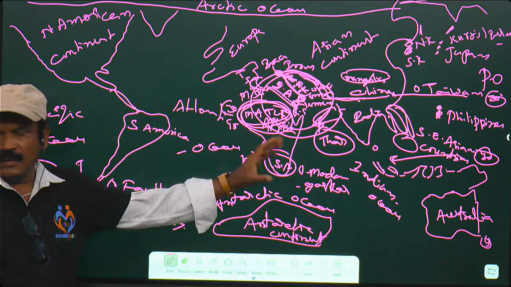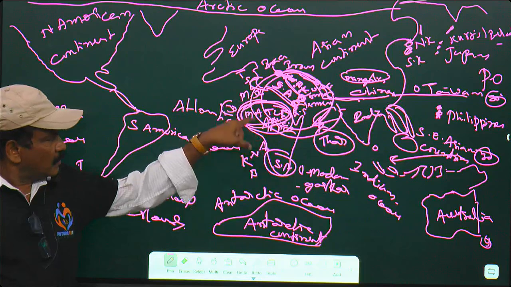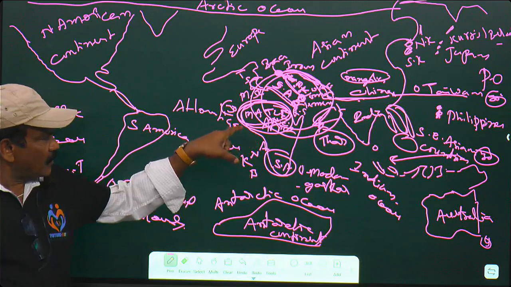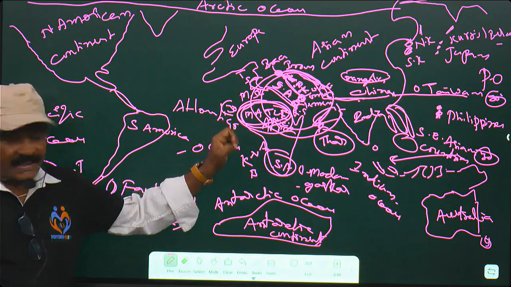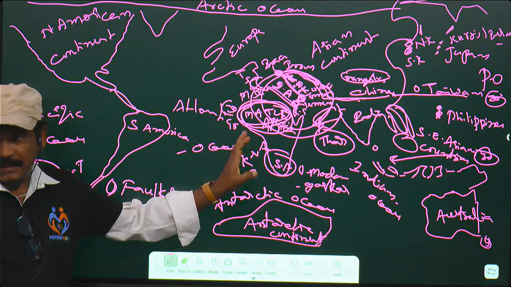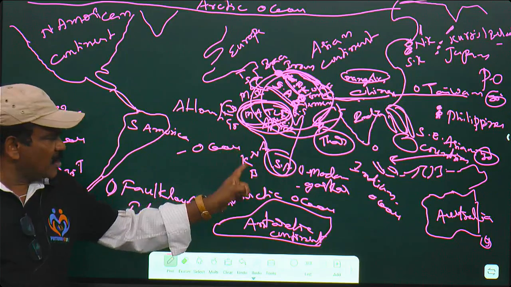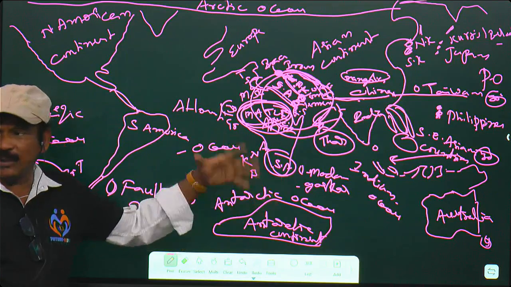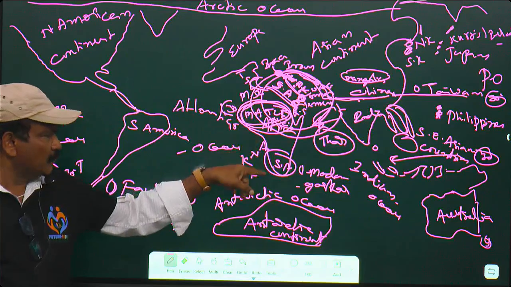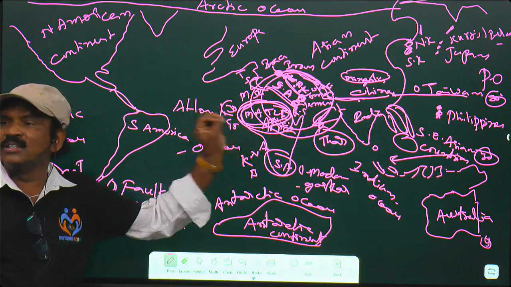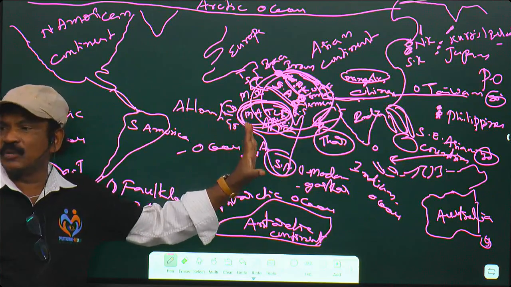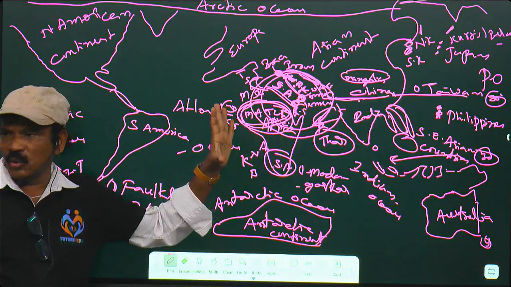Clear? The African continent has two tropical deserts, the Sahara Desert and Kalahari. The Kalahari Desert is in Namibia, Botswana, Angola, South Africa, whereas the Sahara Desert is in Morocco, Algeria, Tunisia, Libya, Egypt, Niger, Chad, Sudan.